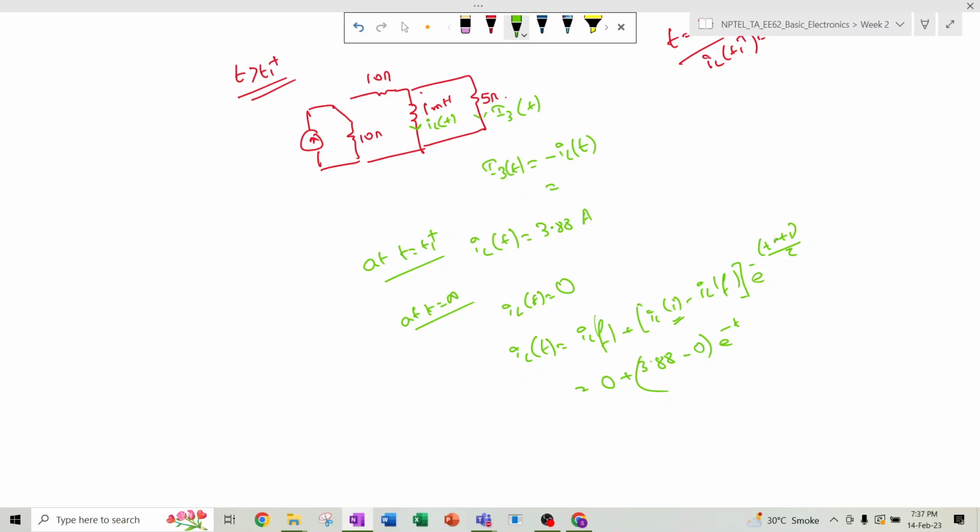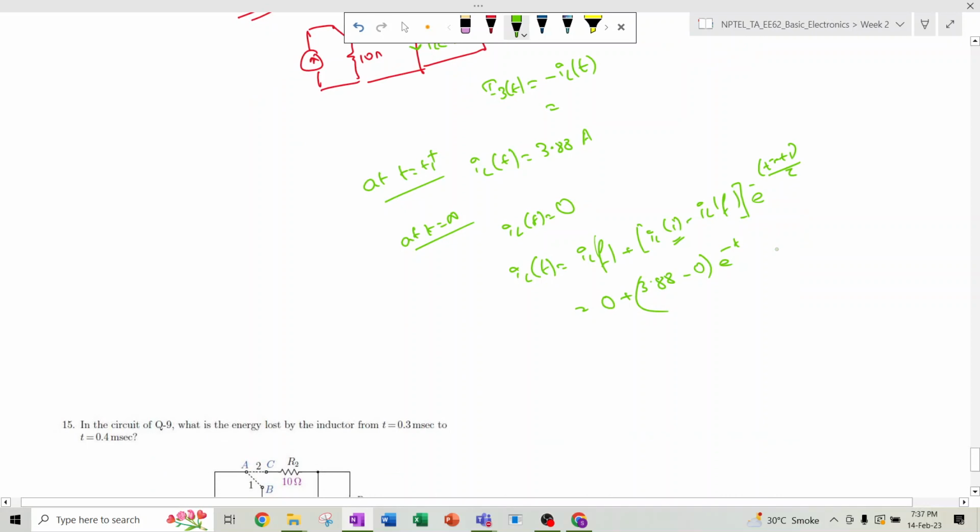So in this equation, t by tau should be (t minus t1) by tau.